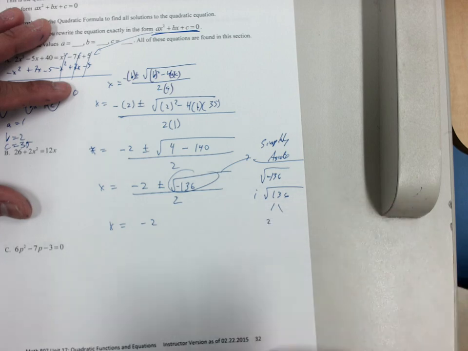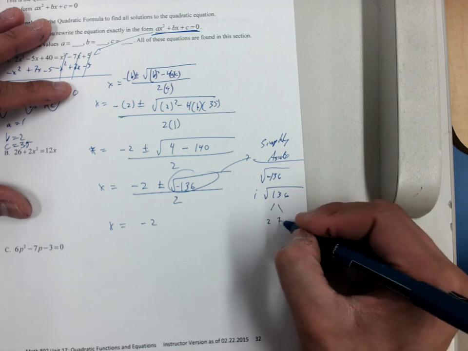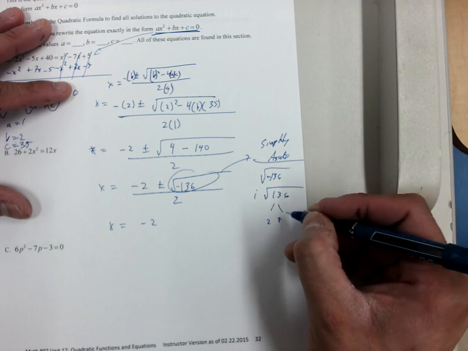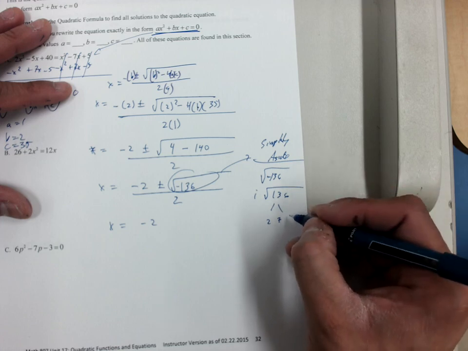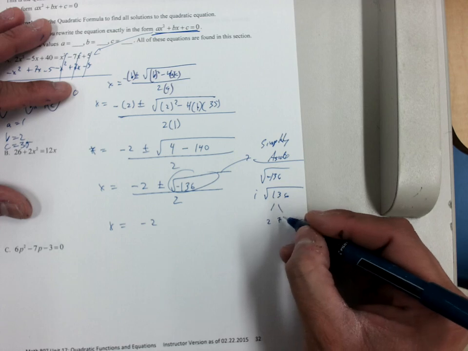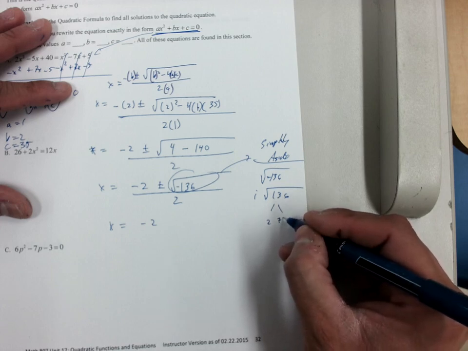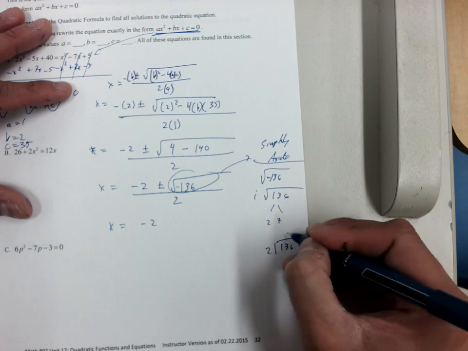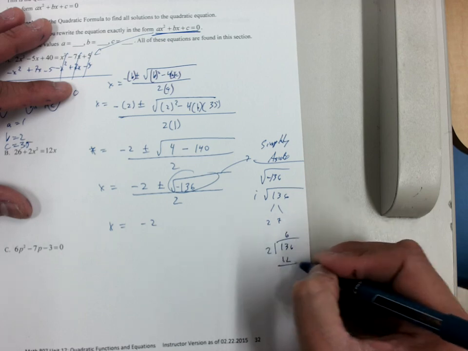That's 2 times what? 72? No. Let's divide it. So that's 2. Let's just divide it out. Can't think right now. Okay.